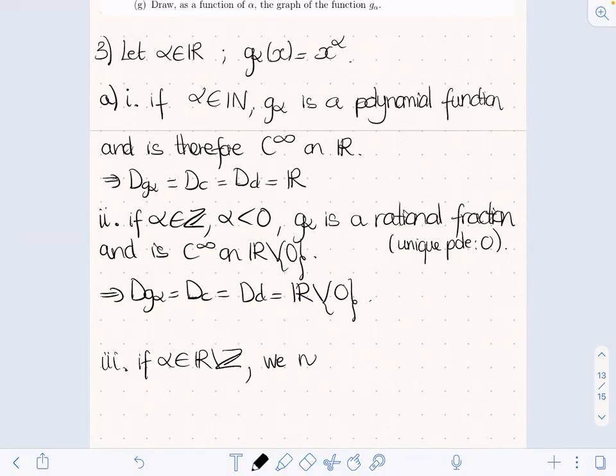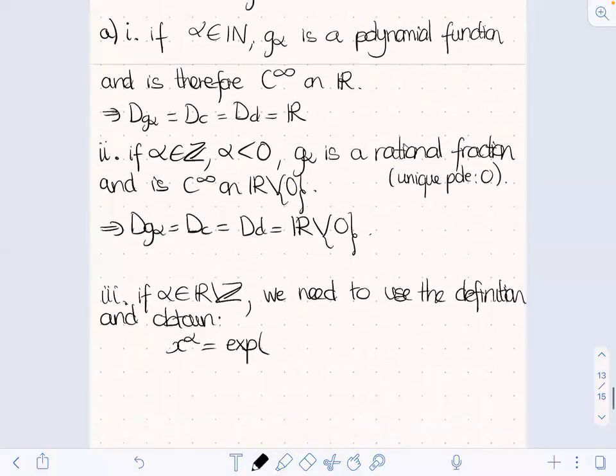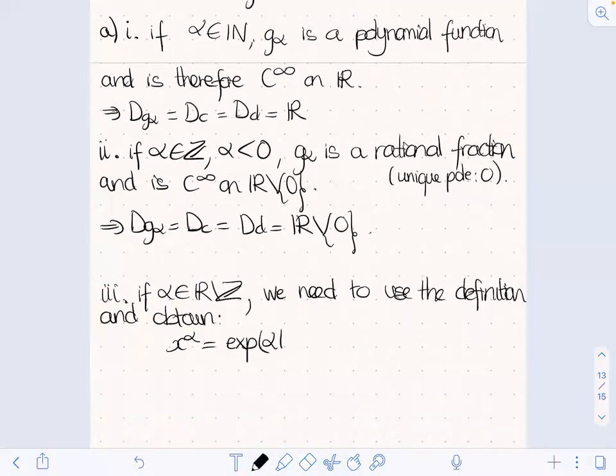In this case, we need to use the definition and obtain x to the power alpha equal to exponential of alpha logarithm of x.